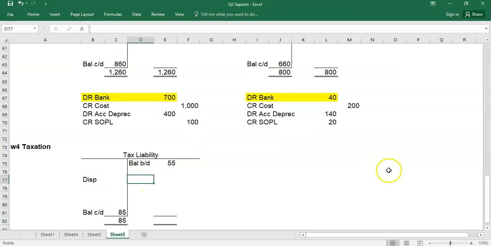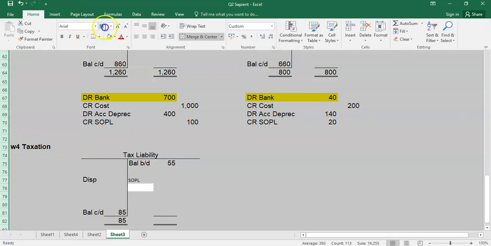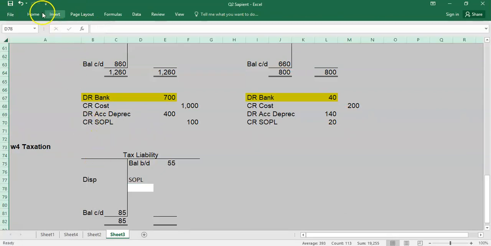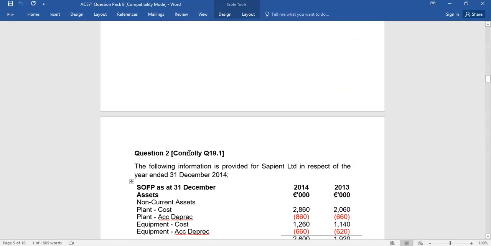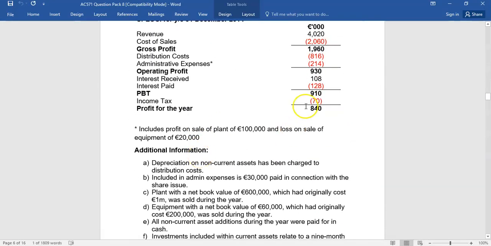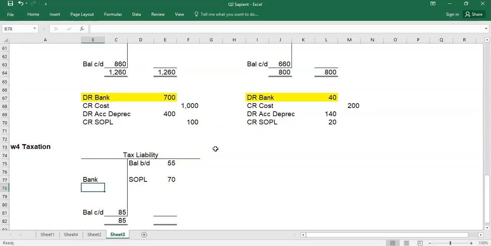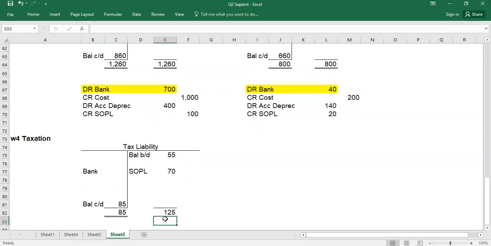And there's only two things that move it during the year: your SOPL and bank. So the SOPL, we said you had an extra charge for tax during the year, in this question of 70. So that means if you paid nothing, you should have owed 125 at the end of the year. What you owed at the start of the year, plus the amount of the expense during the year.